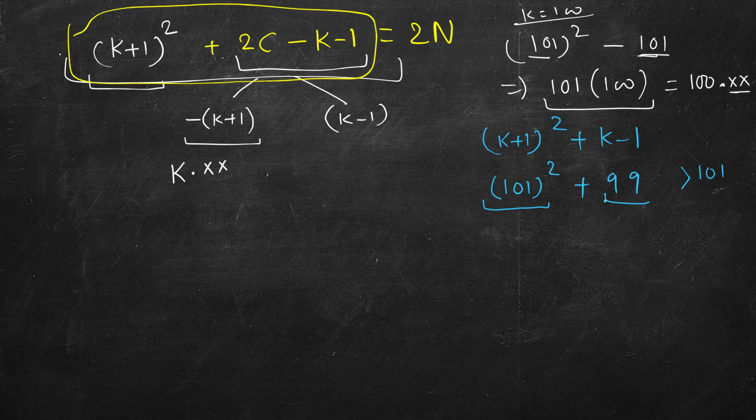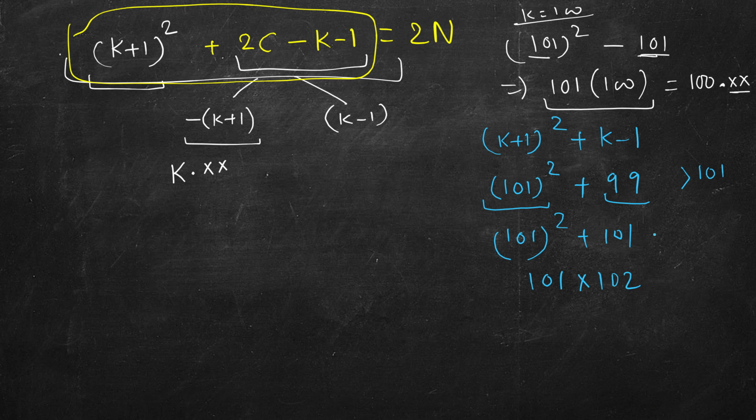So let's see. Let's increase it slightly. If we had added 101 here, then we would have got 101 times 102. So we take 101 common, and this is 101 plus 1, that is 102. So this is still 101 point something, and we got this from here also.